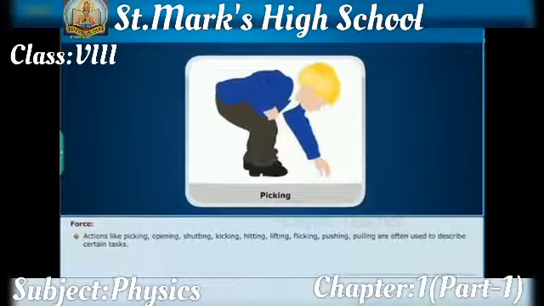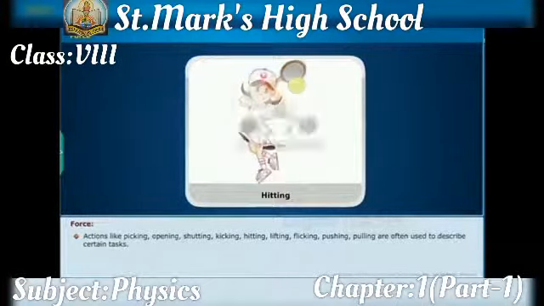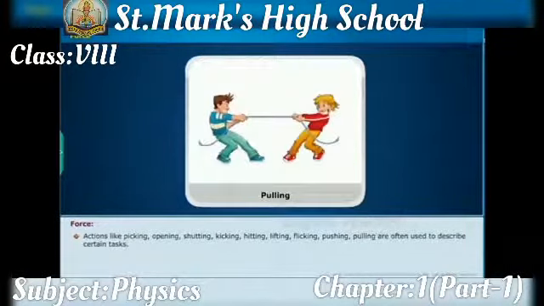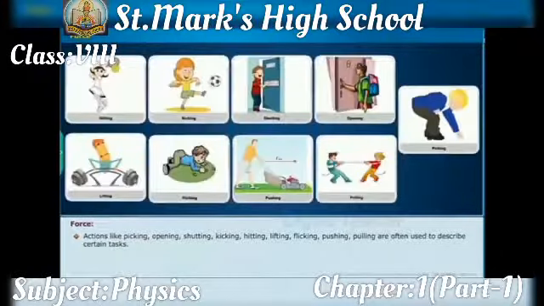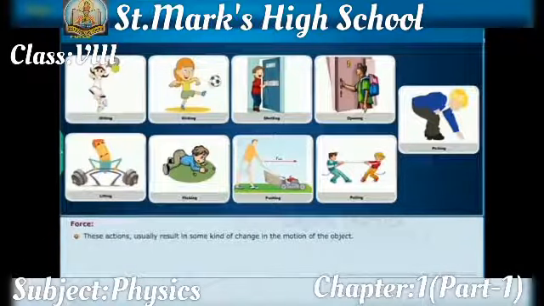Actions like picking, opening, shutting, kicking, hitting, lifting, flicking, pushing, pulling are often used to describe certain tasks. In all such activities, we are changing the state of motion of some object. That is, either the object is made to come to rest or to move faster or to change its direction of motion. These actions usually result in some kind of change in the motion of the object.